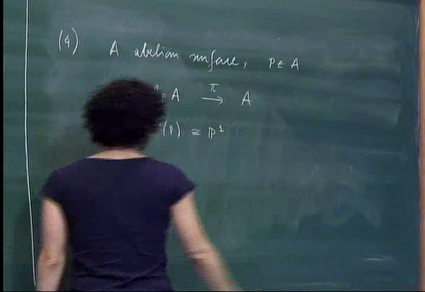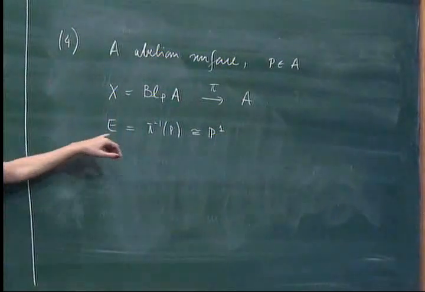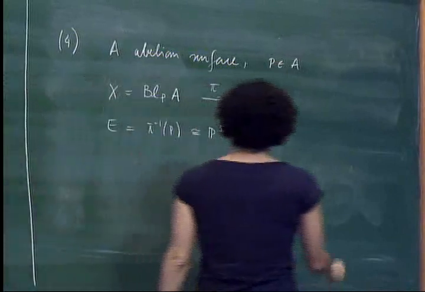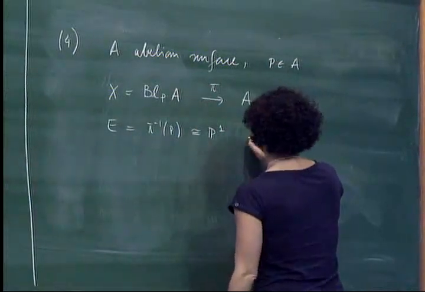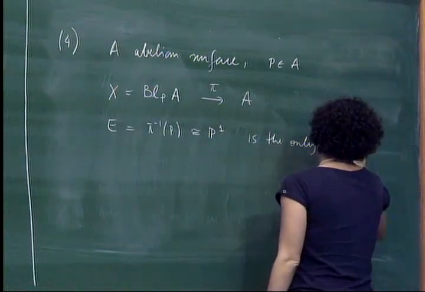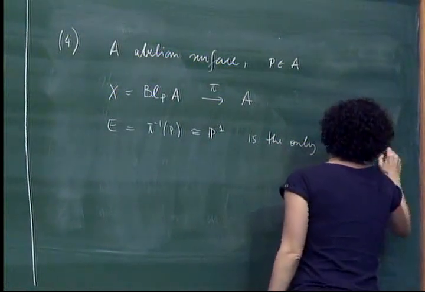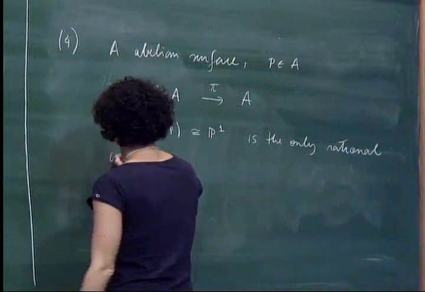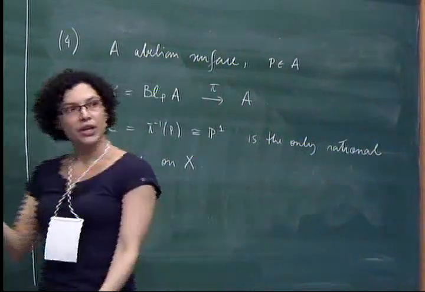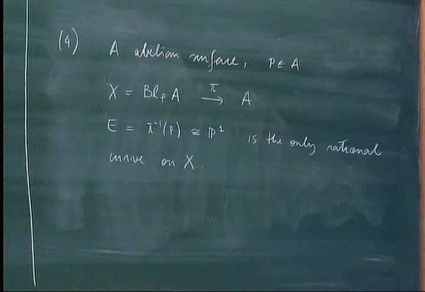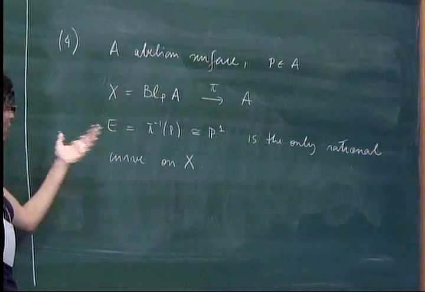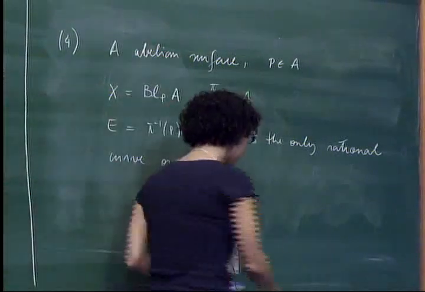So this is isomorphic to P1, but this is the only rational curve on X. So here you may study rational curves on X, but this is not going to be a very interesting theory, and it's not going to tell you much about X.